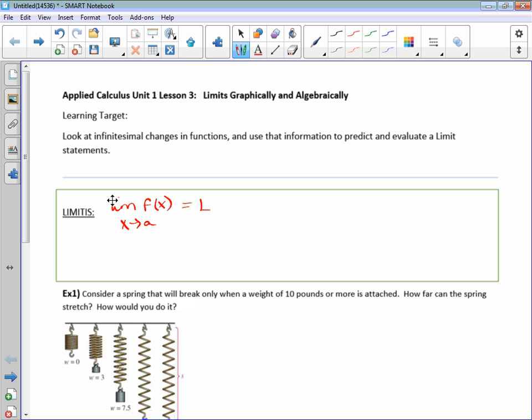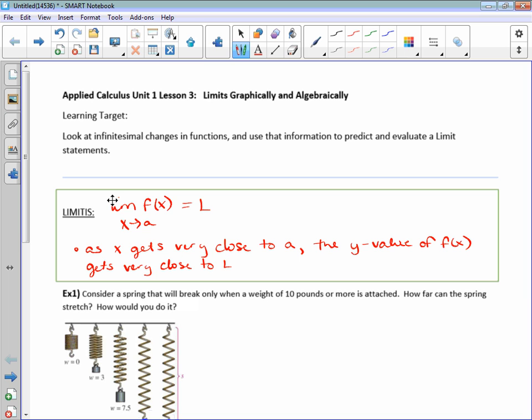What this means is, as x gets very close to a, the y value of f of x gets very close to L. Okay, I said it gets very close to L. Does it equal L?